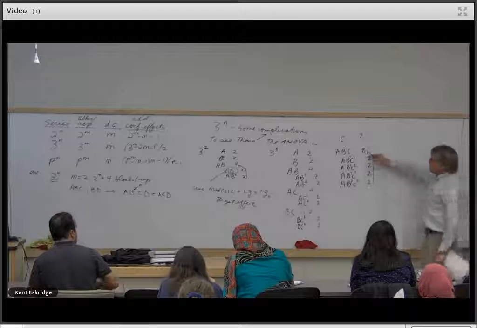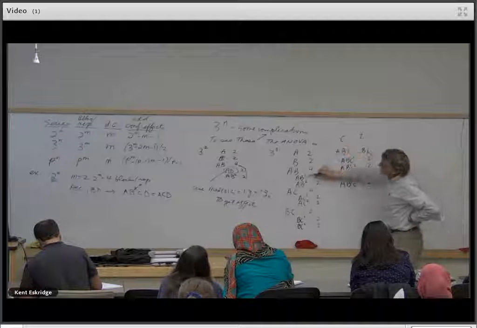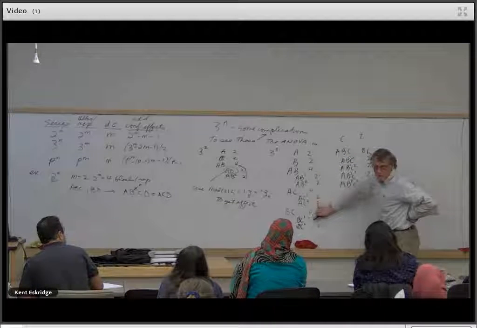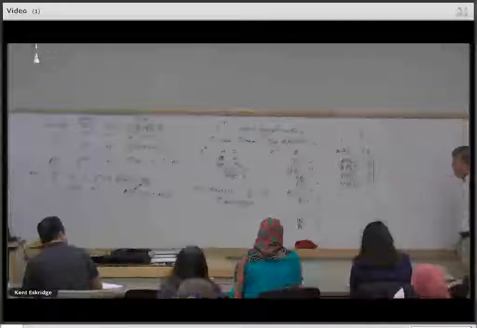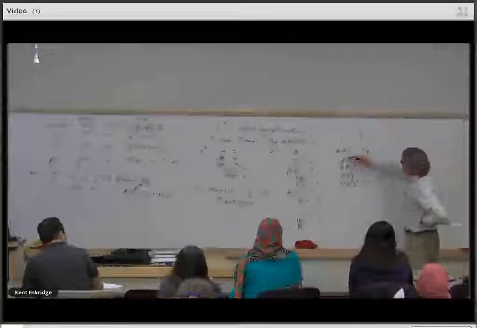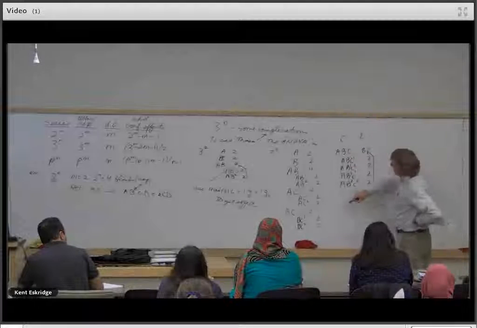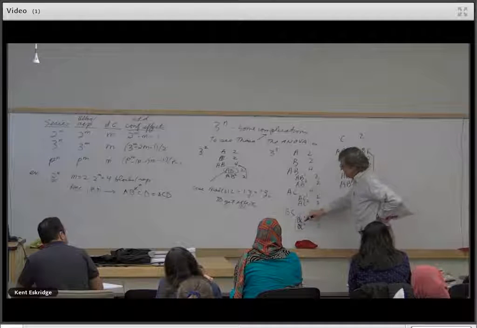The point is that I take any interaction and it's broken up into these components. Now, each one of the leading components of every term has to have an exponent of 1.